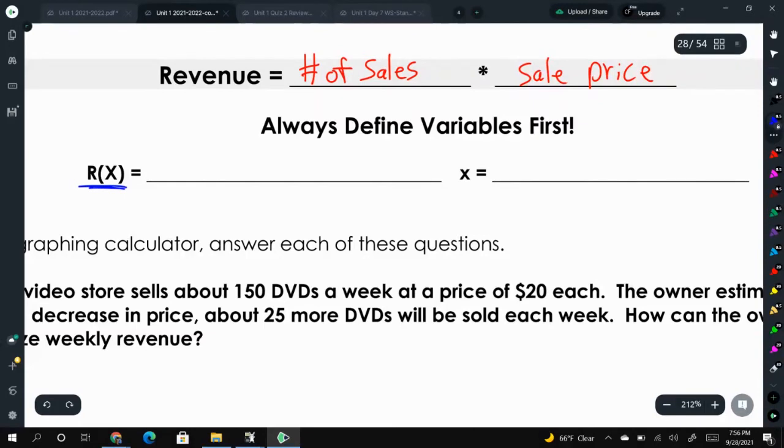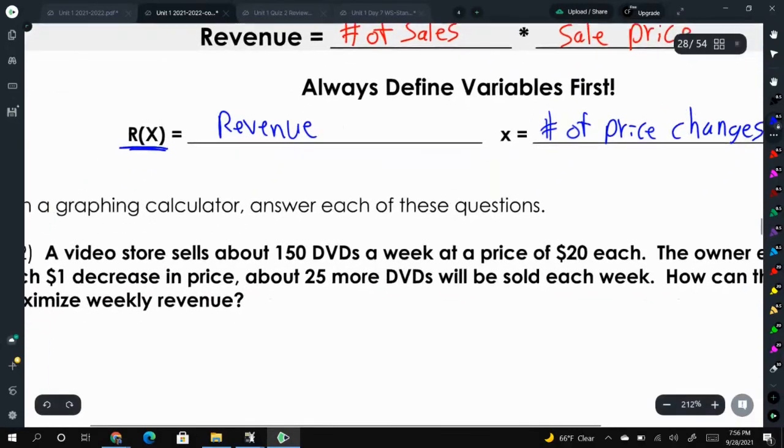When we look at an equation, your R of x is going to be your revenue, and your x value is going to be your number of price changes. Because each of these problems below is going to have a different change in price.